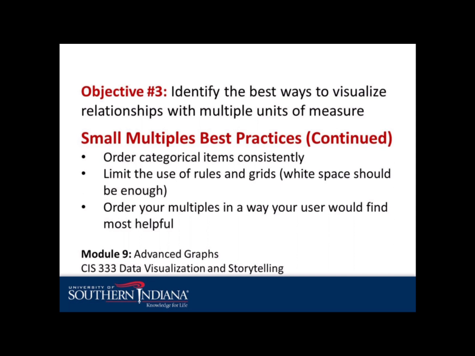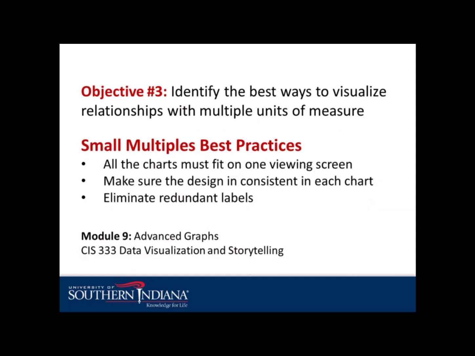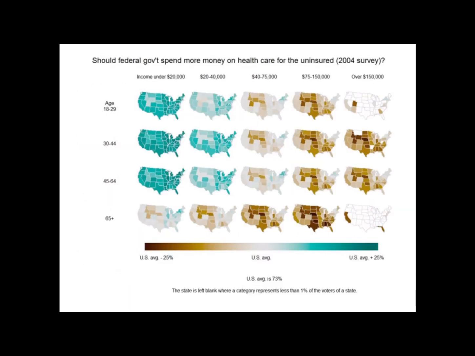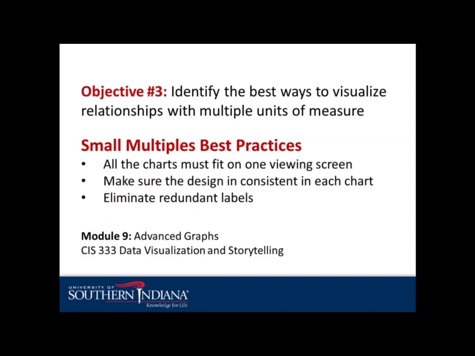And also when you're organizing your multiples, organize them in a way that you think your user would find most helpful. So for example, in this one, your user may prefer to have the age categorical items across the top and the income items across the side. Basically, you just have to ask your user what their preference is.